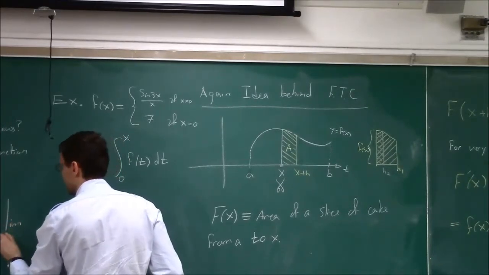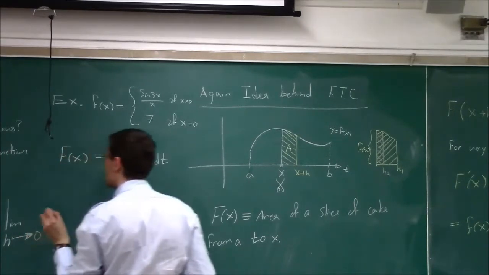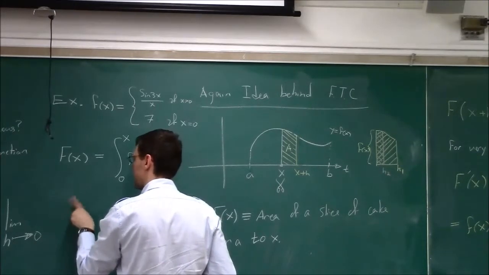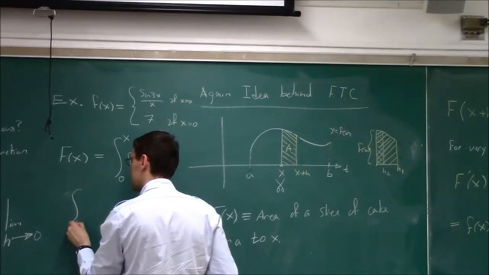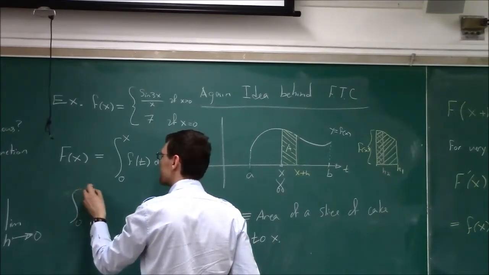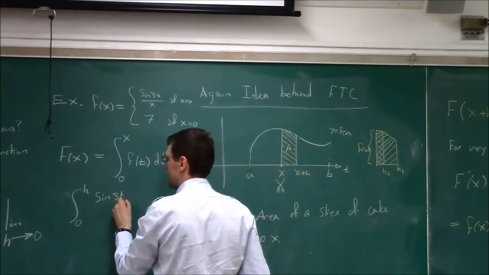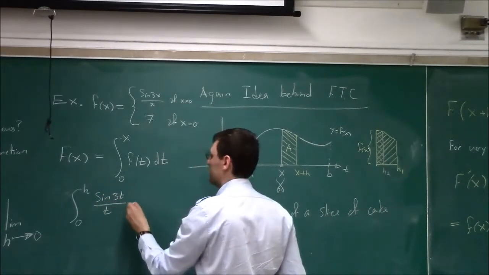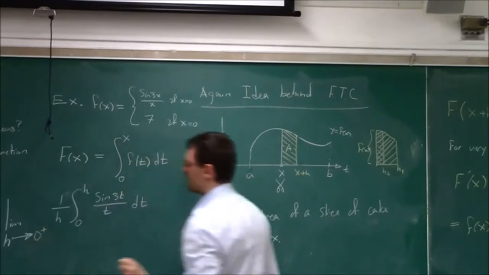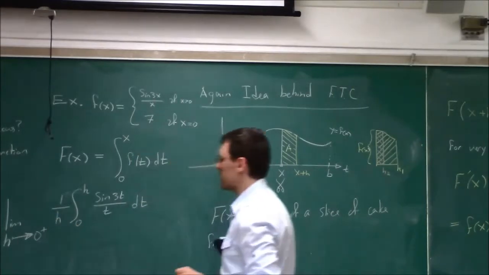What is the limit as h goes to 0 of the integral from 0 to h of sine 3t over t dt times 1 over h? And let's say h approaches 0 from the right. Let's see if you can see what this limit is. Again, no computations are necessary.